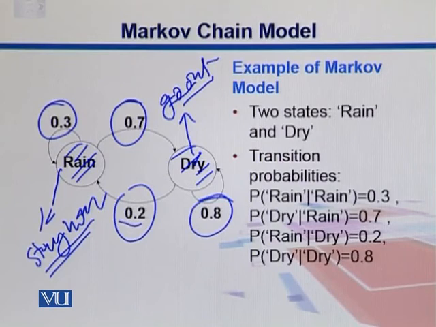For example, I would stay home 90% of the time, so that is 0.9, and going out is the remaining 0.1. When it's dry, I will go out 90% of the time and stay home 0.1, or 10%. These probabilities are emission probabilities: within the state, what symbols are emitted, what outcomes there are.